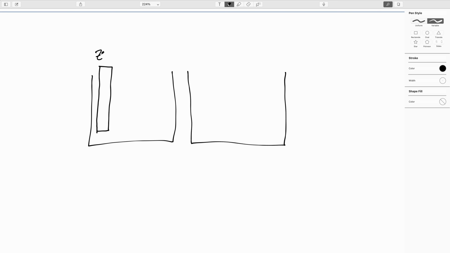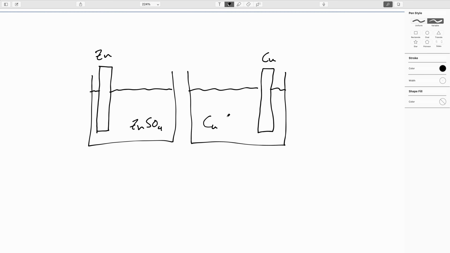Again, I don't want anything exploding. Don't actually build any of this. So we'll imagine having a zinc rod sitting inside of zinc sulfate and a copper rod sitting inside of copper sulfate.